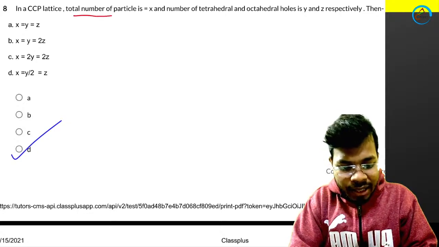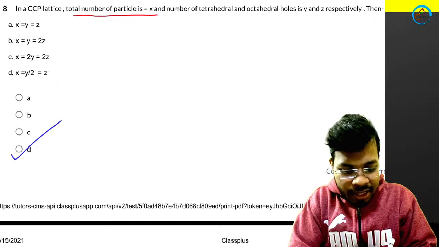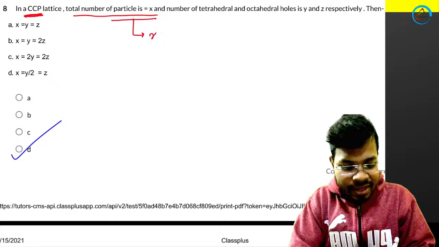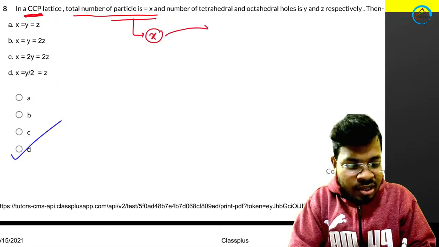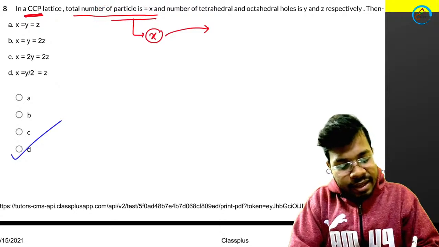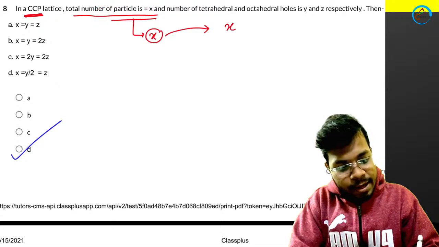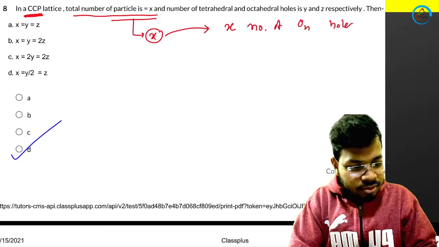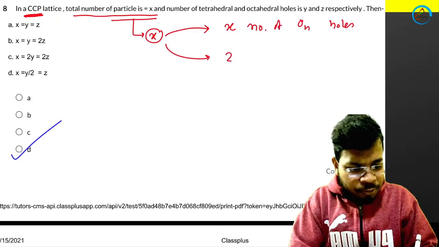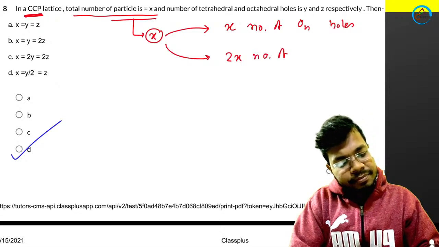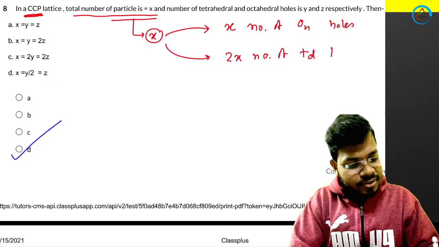The total number of particles is X. Remember, X is the total number of particles in the CCP, cubic close packing, lattice. For X particles in CCP, you generally get X octahedral holes and twice that, 2X, tetrahedral holes.